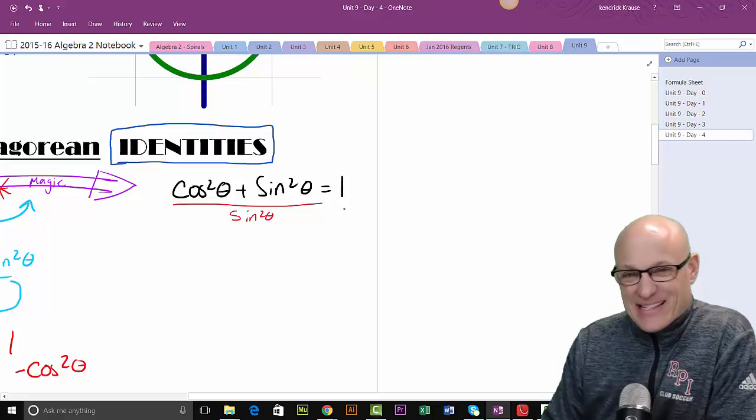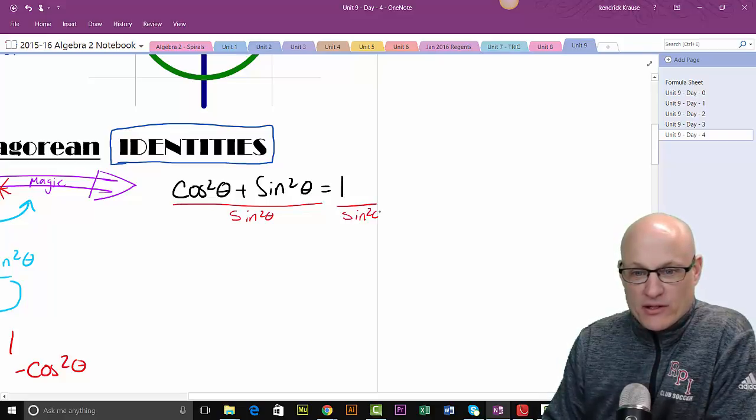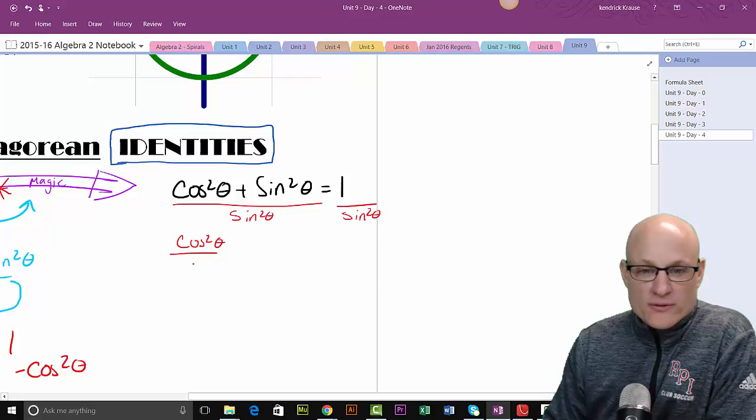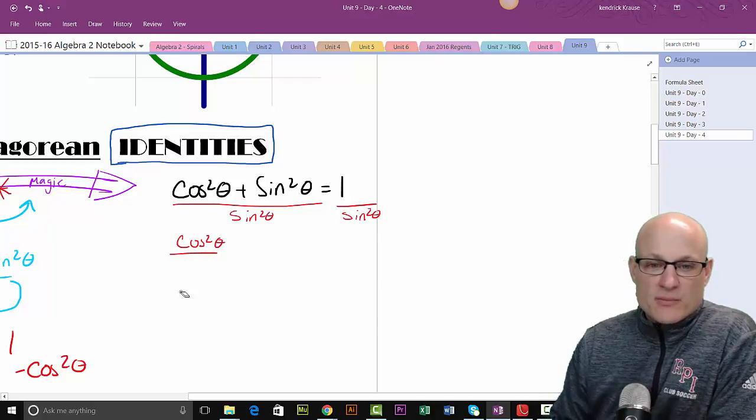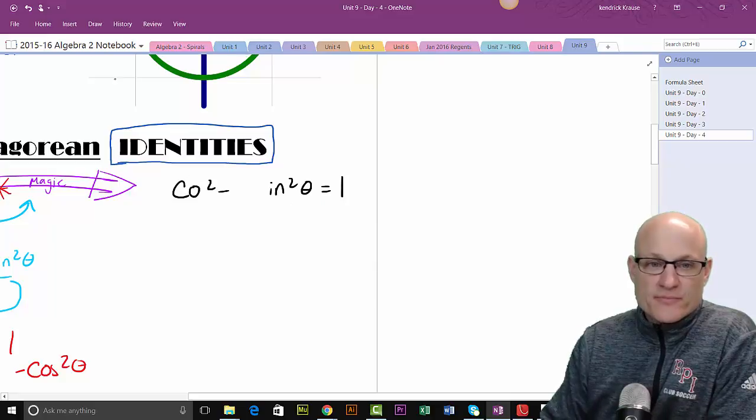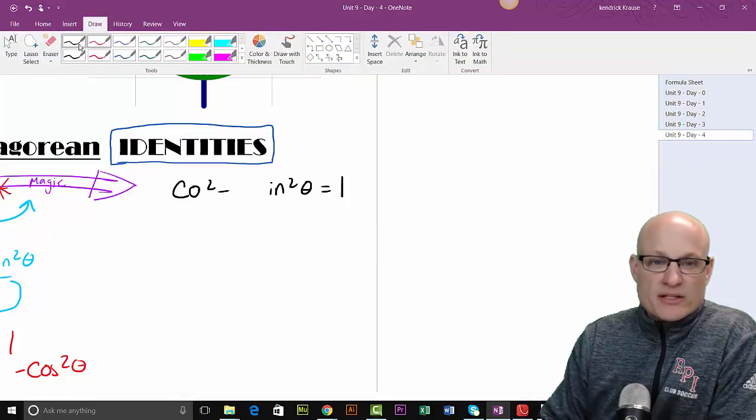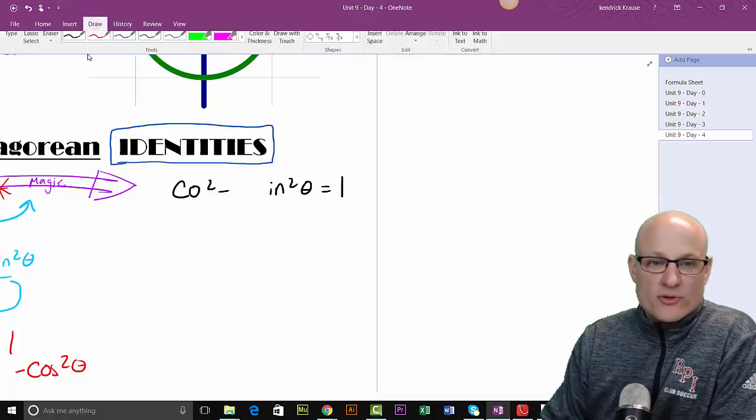But if I divide that side by sine squared theta, I have to divide this side by sine squared theta. Now on this side, I get cosine squared theta over, you know what? Let me start with the easier one that you're more used to. Let me go back to the one that you're a little more accustomed to. Sorry about that.